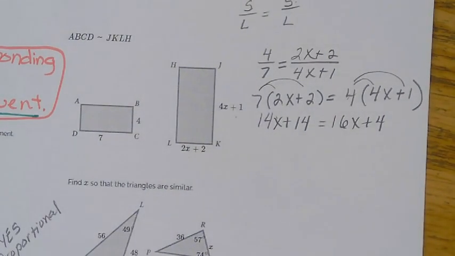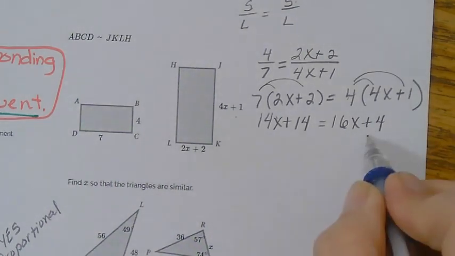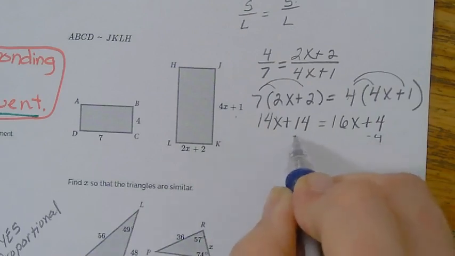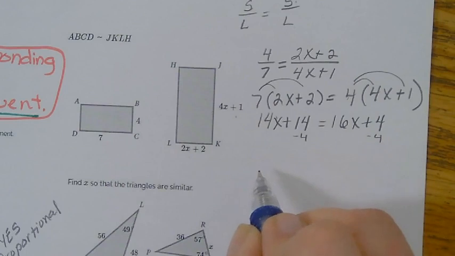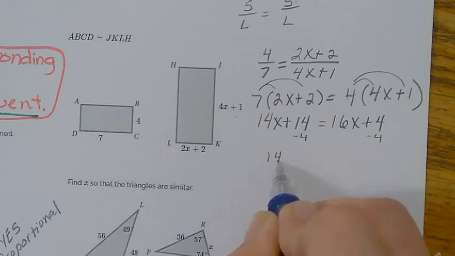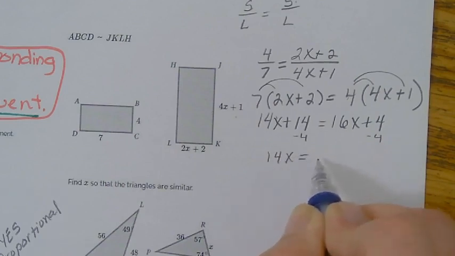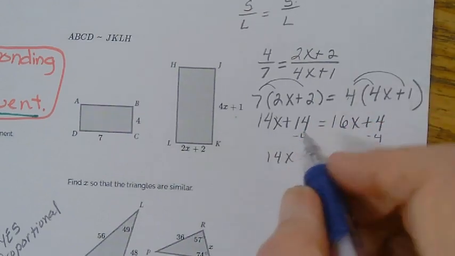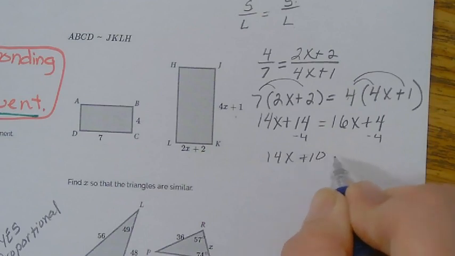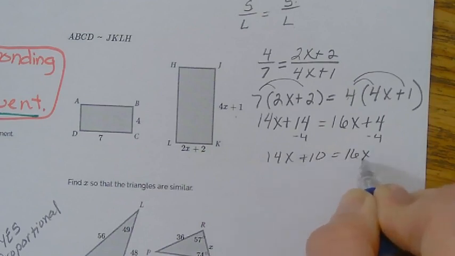Gather x's up on one side, numbers on the other. So, what do you want to do? You want to subtract 4 from both sides. Subtract 4. And you want to subtract 14x. 14x plus 10 equals 16x.